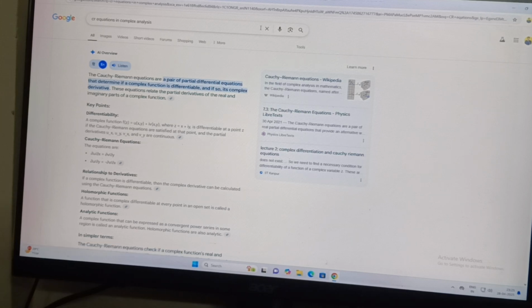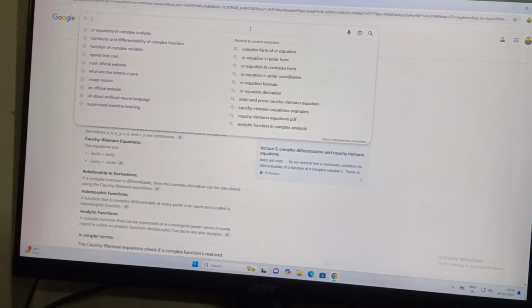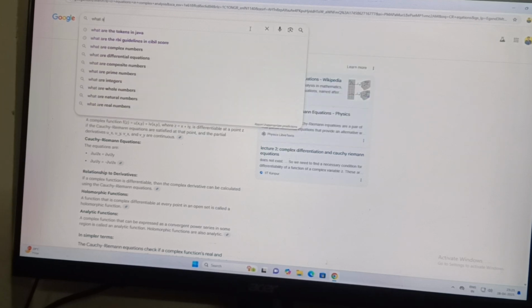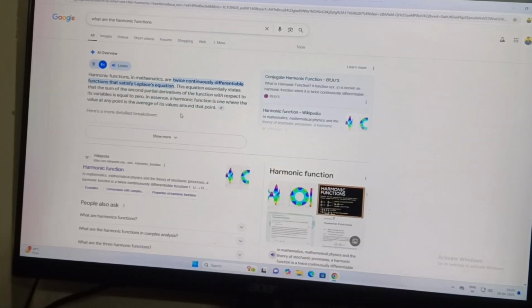harmonic functions. What are harmonic functions? I have told you that the double derivative with respect to x plus the double derivative with respect to y should be equal to 0.